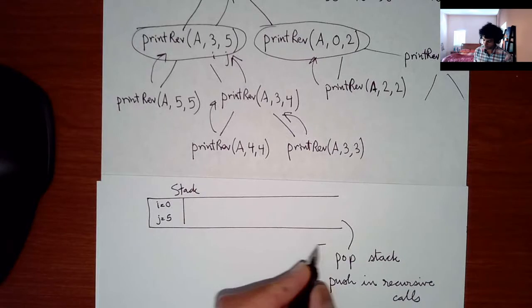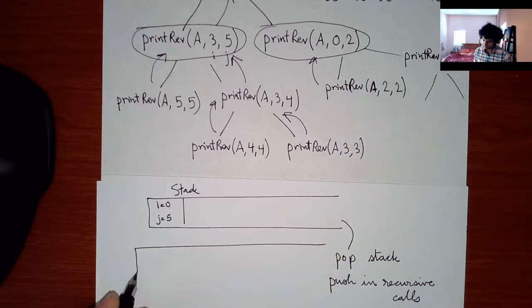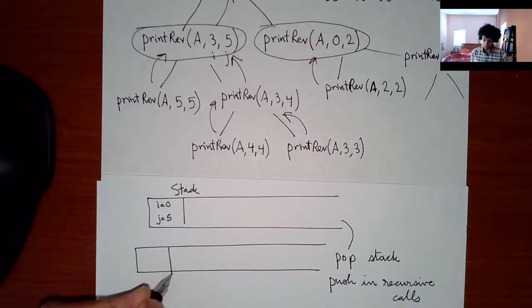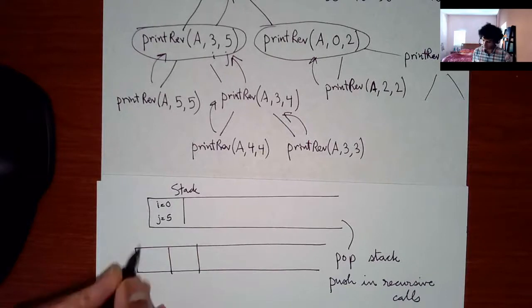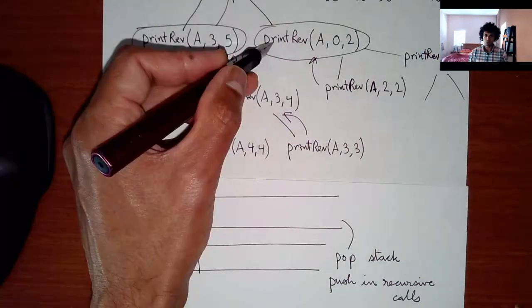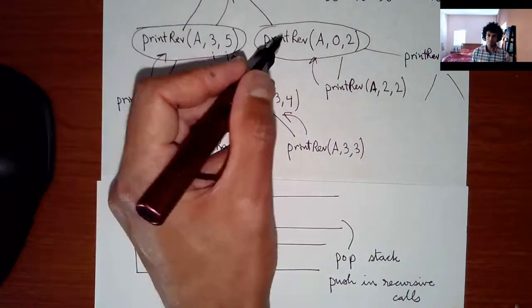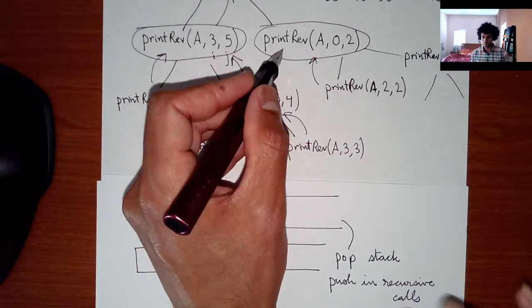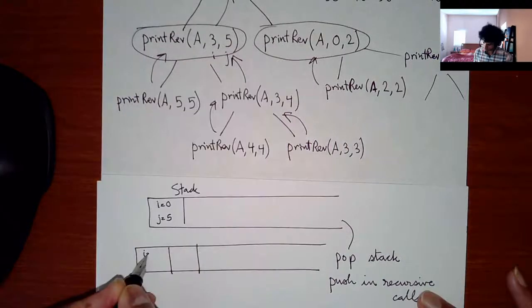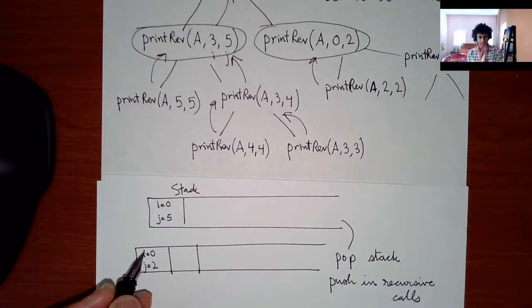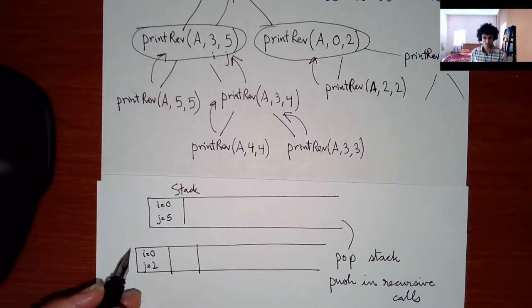So I pop the stack. So the stack now becomes empty, and I push in the recursive calls. So what are the recursive calls? It's this one and this one. Except I push in the second recursive call first. So I push i is equal to 0, j is equal to 2. So think of this as pushing pairs. I'm pushing the arguments onto the stack.